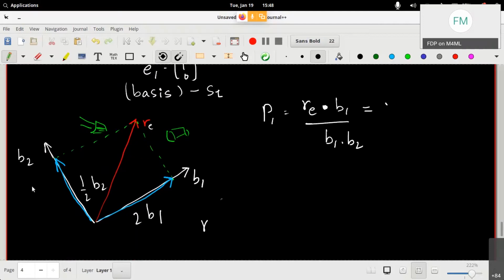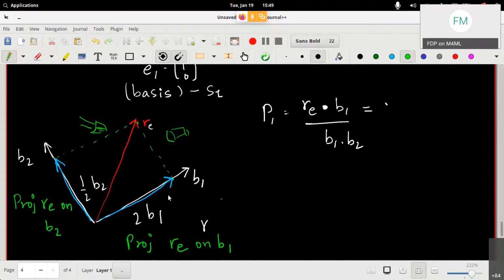I'm just writing out of scale. What I'm trying to do here is, this is the projection of RE on B1, and this is the projection of RE on B2.